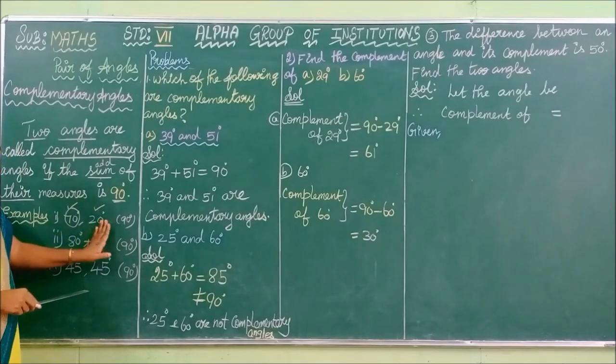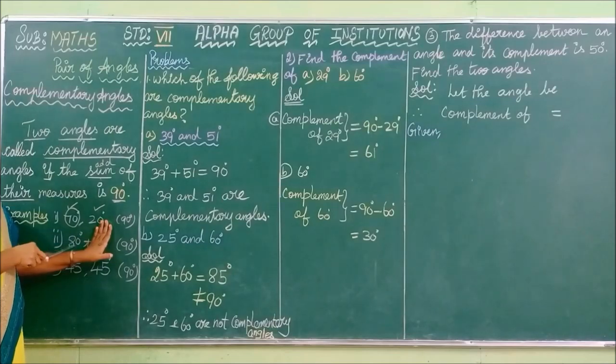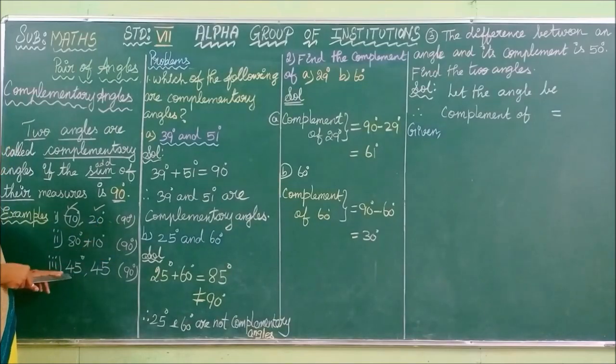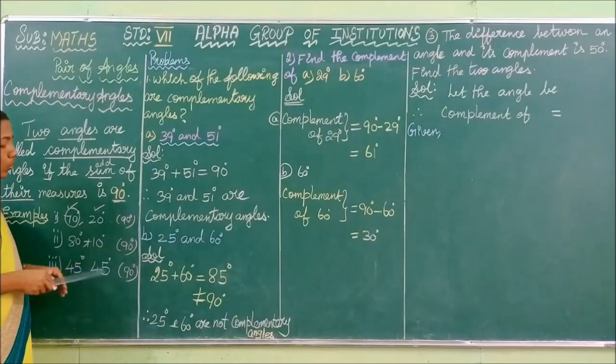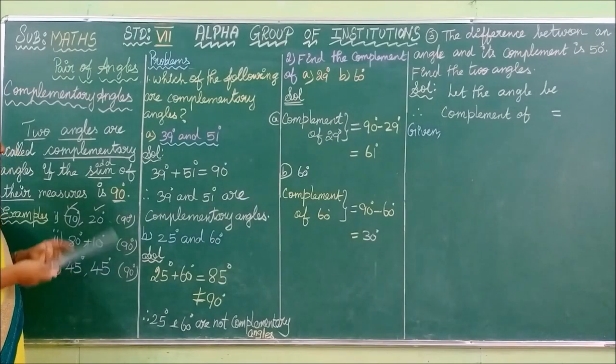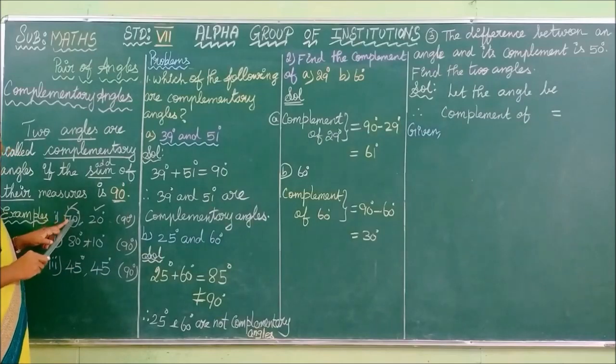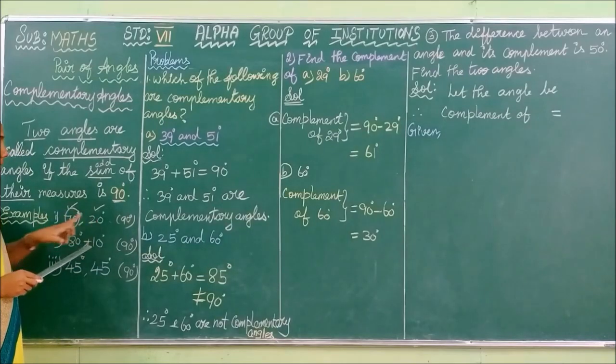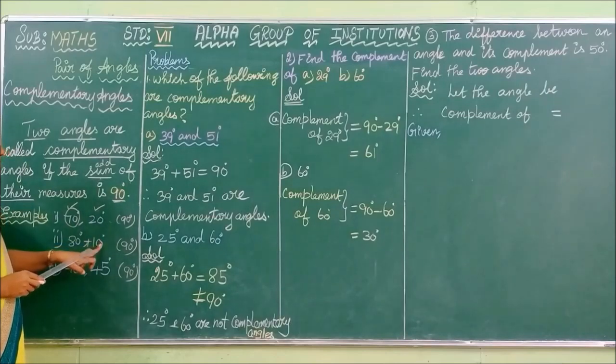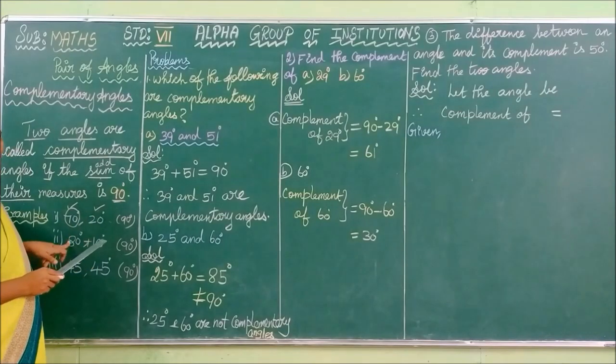What is the complement of 10 degrees? 80 degrees. What is the complement of 45 degrees? 45 degrees, because they are equal. What is the complement of 70 degrees? 20 degrees. I hope you all understand.